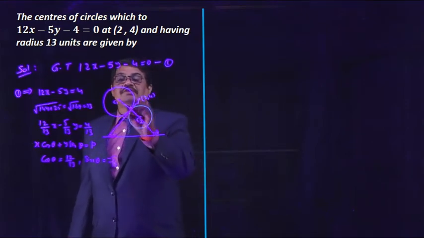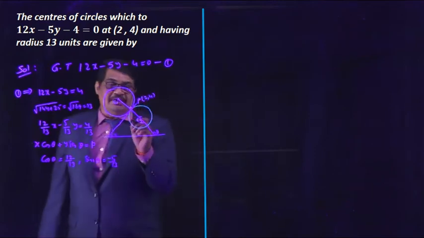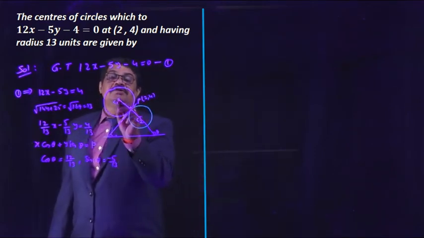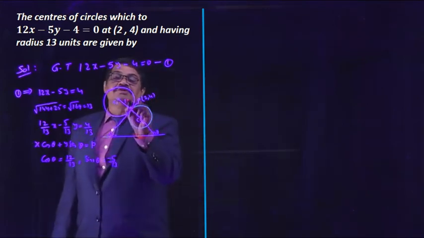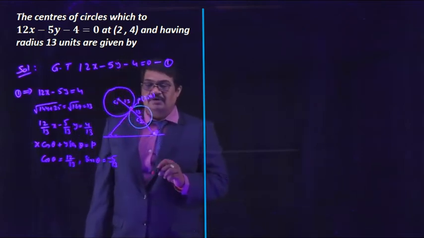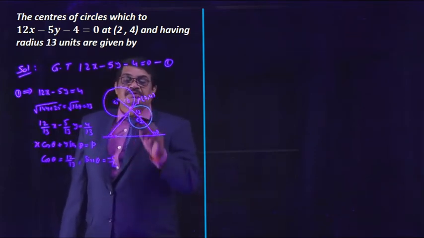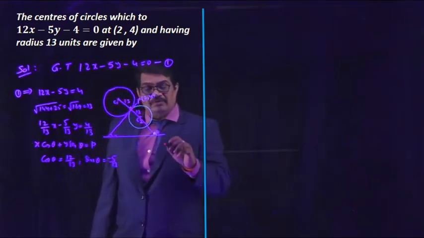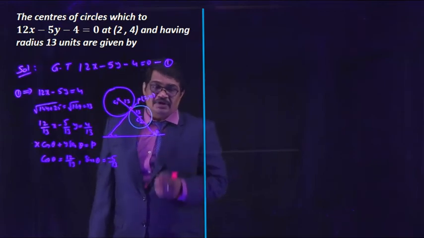Then the coordinates of the points on this line, using parametric equations. What is the radius given? 13 units. This is 13 units, and this is also 13 units. So we have to find the coordinates of C1 and C2. From the point (2, 4), a line passing through it and making an angle theta with the x-axis, what are the parametric points?